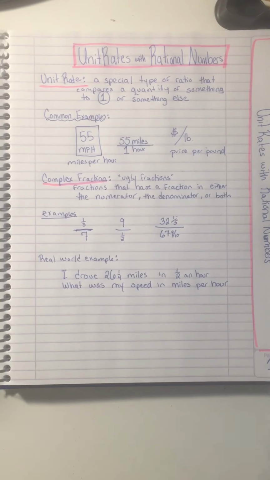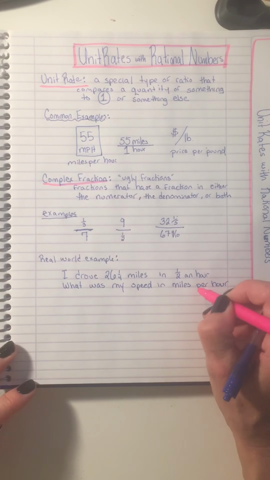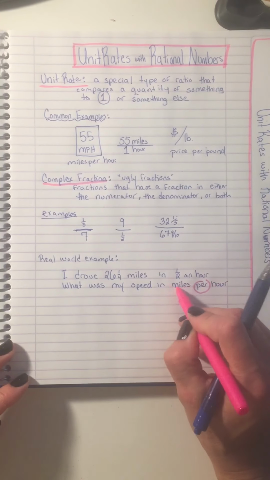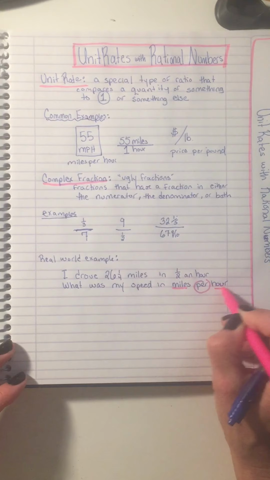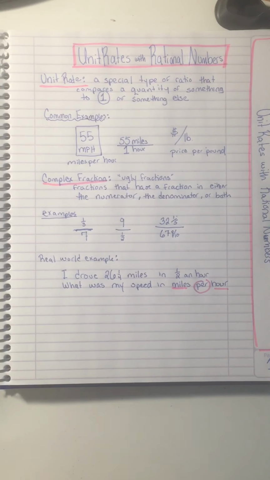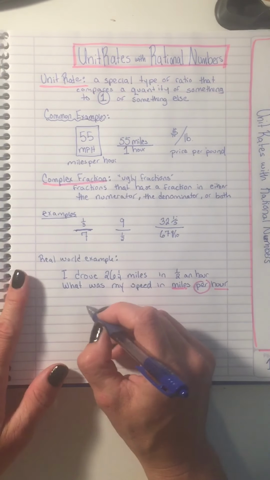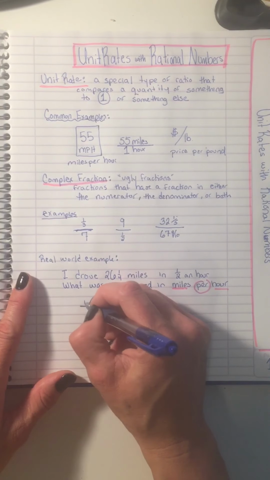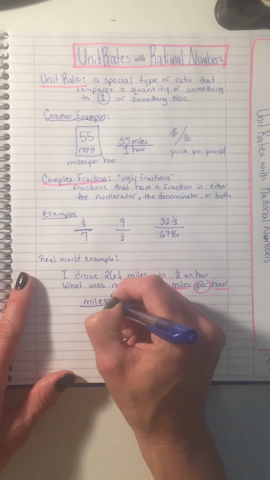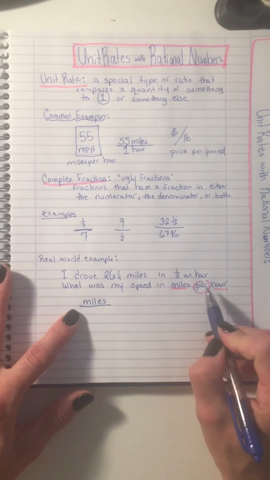So the first thing I'm going to do when I have a problem like this is I'm going to find my ratio. So I've got that keyword per, and then I'm going to circle my ratio keyword, and then I'm going to underline what goes before it and what goes after it. So I know that per is where I'm going to put my fraction bar. Whatever comes before it goes on top. So I'm going to write this out in words first to help me see what goes where.